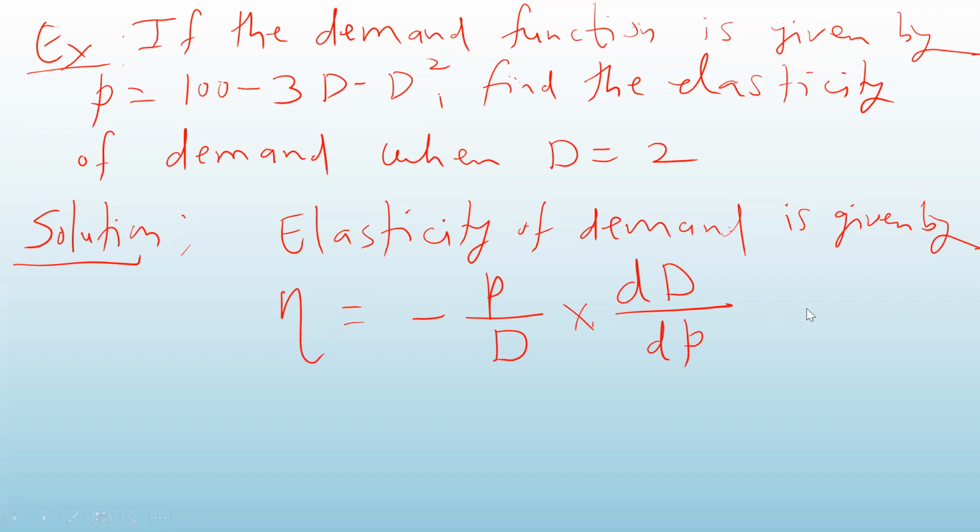If price is increasing, demand decreases. If price decreases, demand increases. So we have seen the graph of the demand function. It was a decreasing function like this.